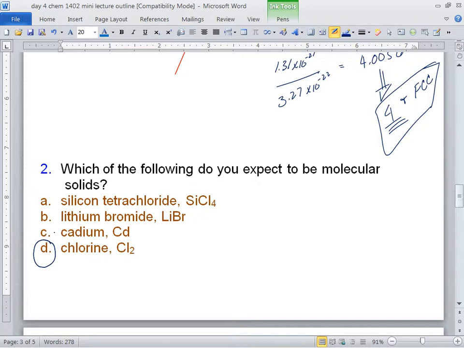Yeah, two nonmetals, that'll work. Is there anything else? Because cadmium's a metal. What type of solid would cadmium form? Metallic. Lithium bromide would form ionic.